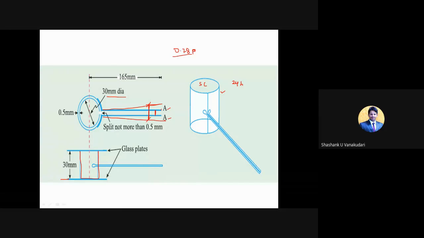After a certain temperature change, it is going to expand, and that can be checked by conducting this test.